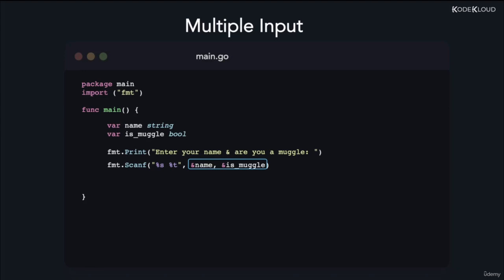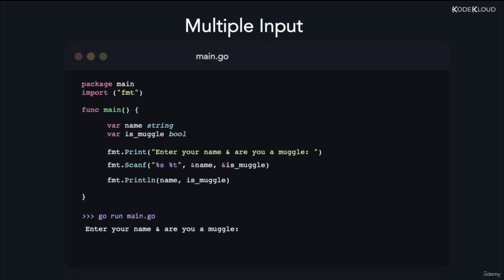The order of format specifiers should match the order in your arguments here. For now, let's just print out the variables. So when the program is run, the user gets a prompt to enter the input. We enter Hermione for our name and false for our isMuggle variable. So here, as you can see, it reads Hermione and then stores it in the name variable.